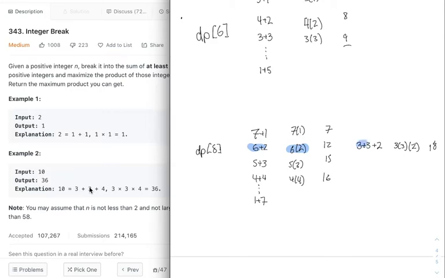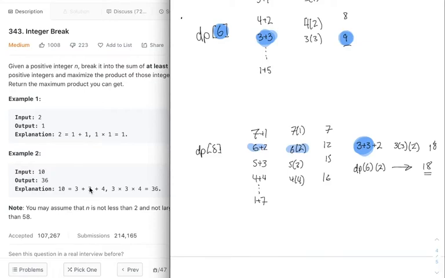Well, we already solved it for dp of 6, and we know that dp of 6 is 9. What I'm basically saying is we can actually plug in dp of 6 and multiply that result by 2, and we get 18. And that is the integer break of 8.